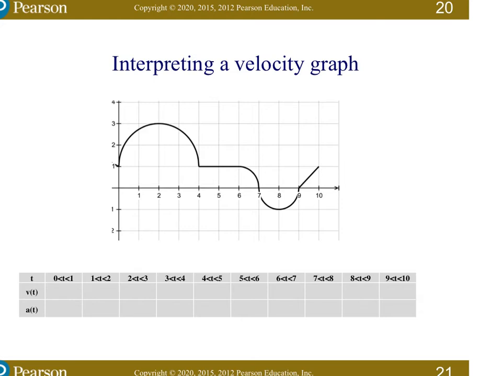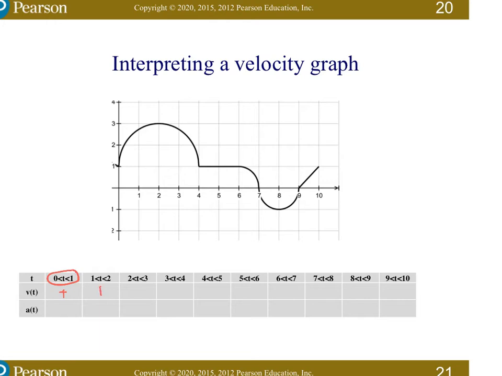So first I want to interpret the velocity. When you're looking at a velocity graph, the velocity is just whether or not the velocity graph itself is above or below the x-axis. So on this interval from 0 to 1, the velocity graph itself is above the x-axis.